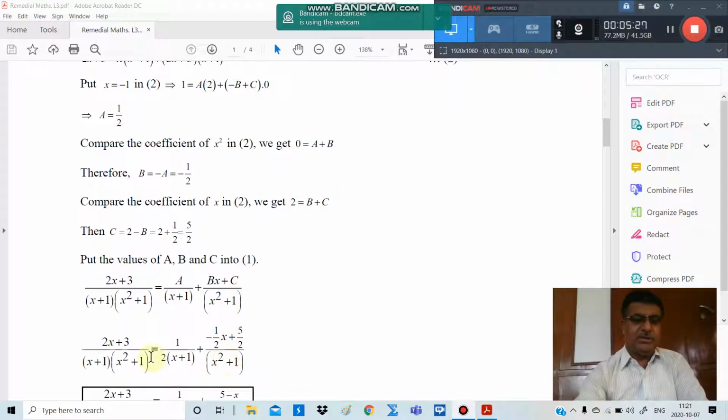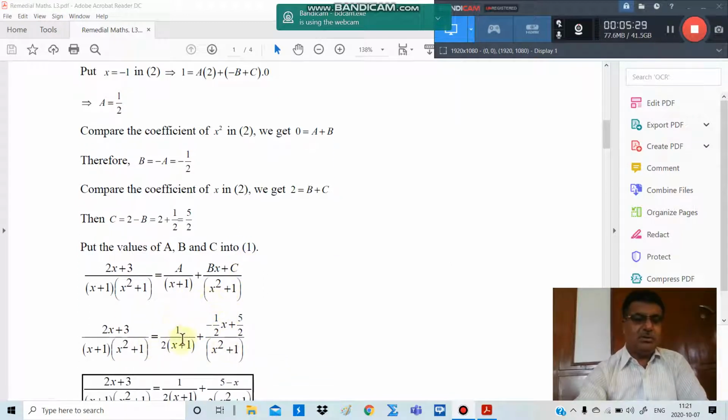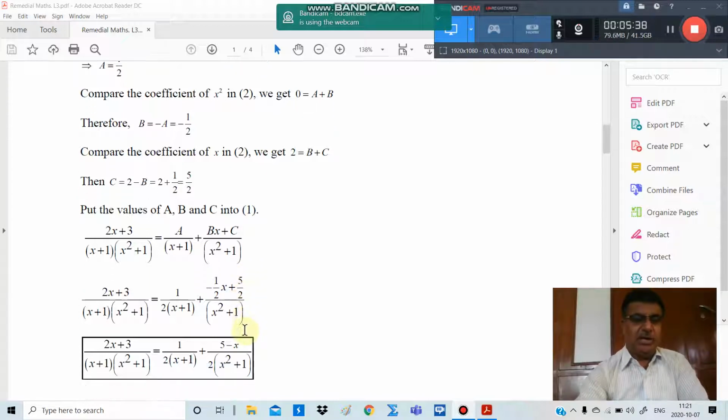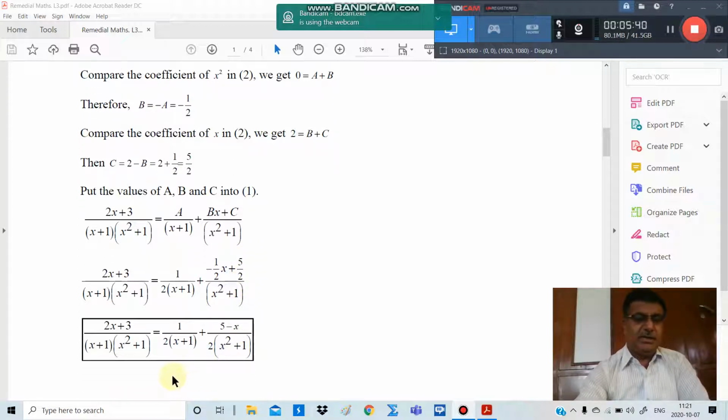Now the value of a is 1 by 2, the value of b is minus half, and the value of c is 5 by 2. After simplification, we get on the right hand side 1 upon 2 into (x plus 1) plus (5 minus x) upon twice (x square plus 1). This is the partial fraction of this problem in which a quadratic term x square plus 1 is used.